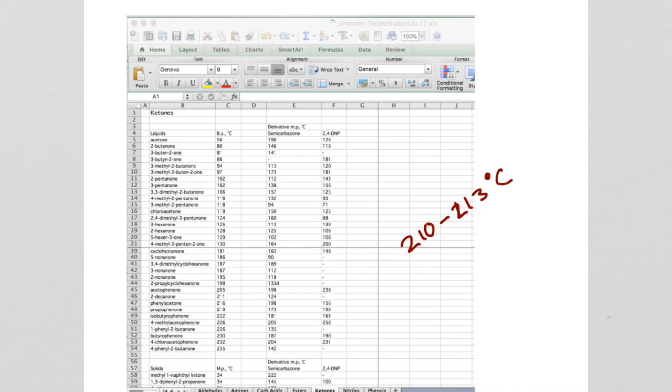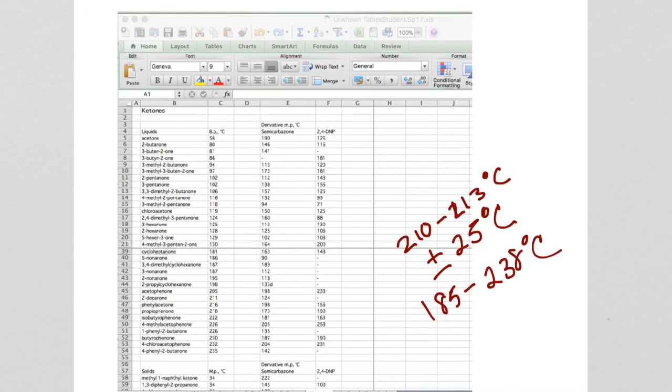For this table, you are going to go plus or minus 25 degrees Celsius, and write out the names and structures of all of those possible molecules. So that means you're going to consider as possible candidates all of the molecules between 185 and 238 degrees Celsius. So that would be all of these.